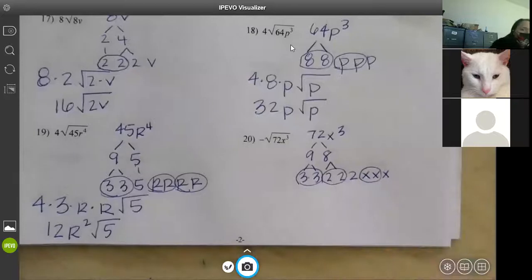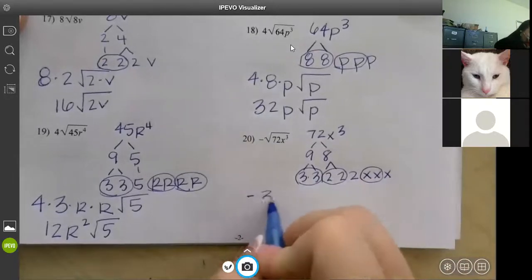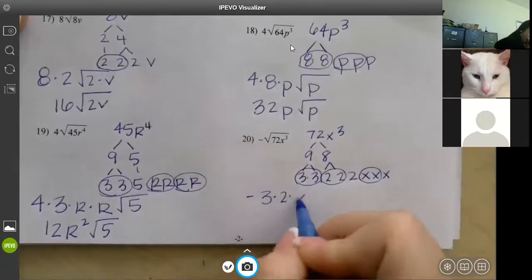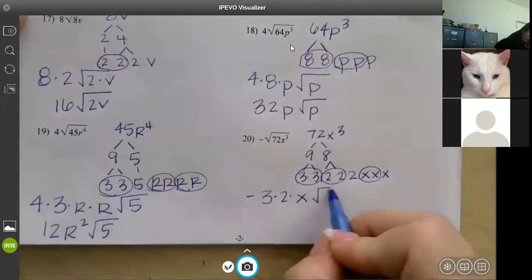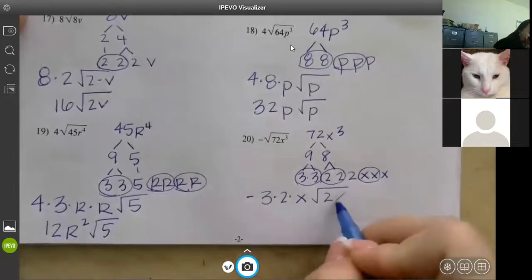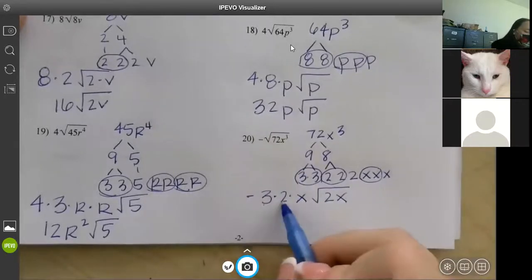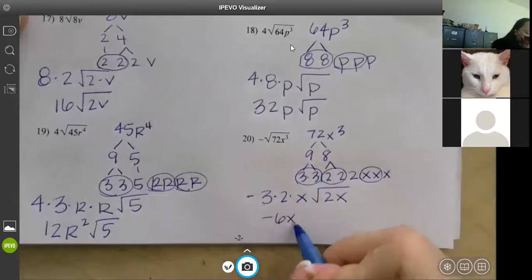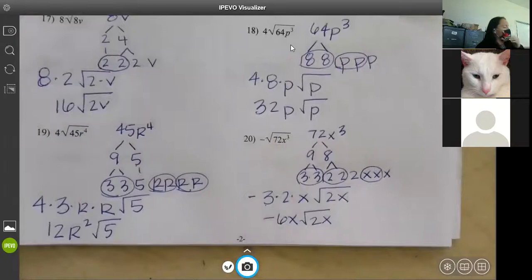What did I already have outside? A negative, and then I had a 3, a 2, and an X that I circled. But I left what? 2 and X. Multiply the beginning. Negative 3 times 2 is negative 6. Squish the X next to it. Square root 2X. Any questions? Break it down, circle the pairs, squish it all together.